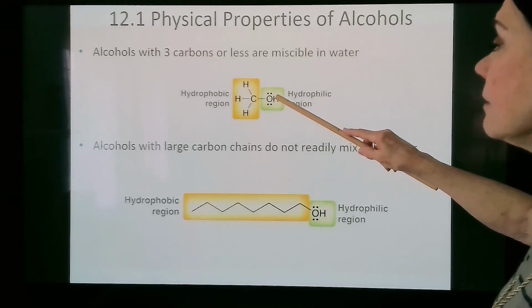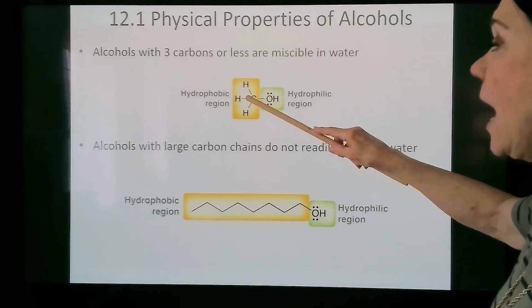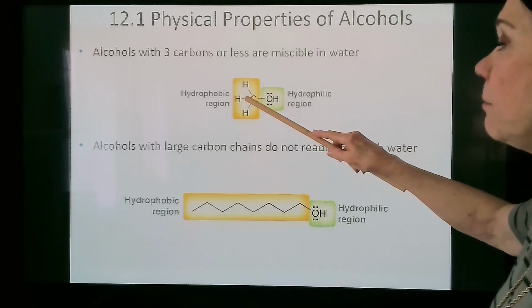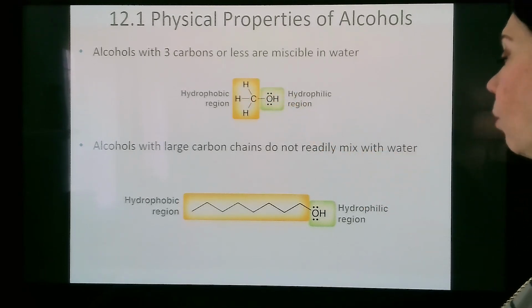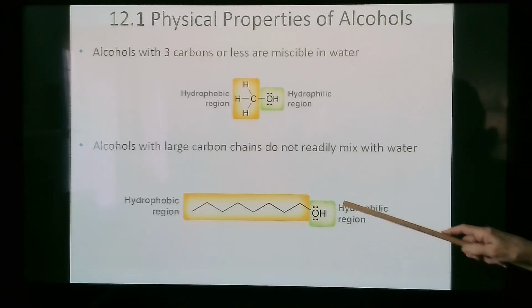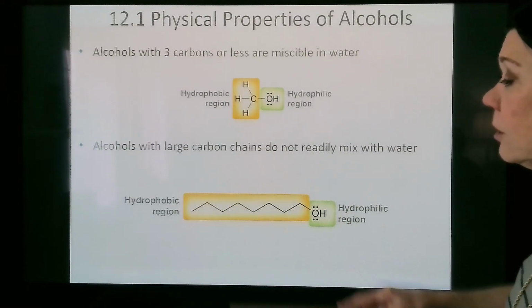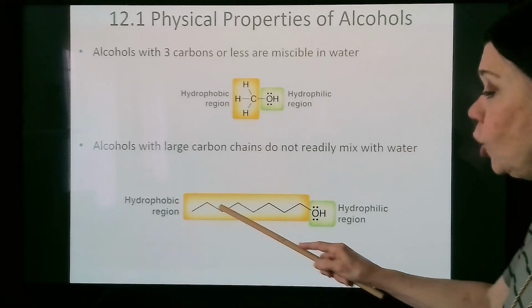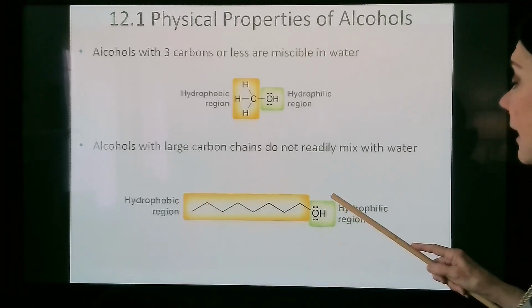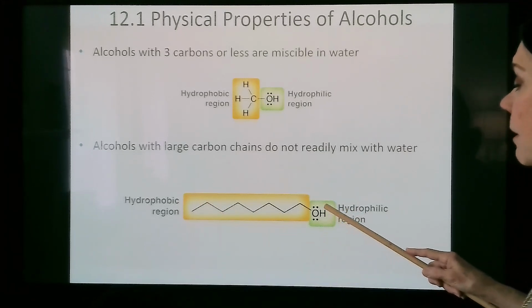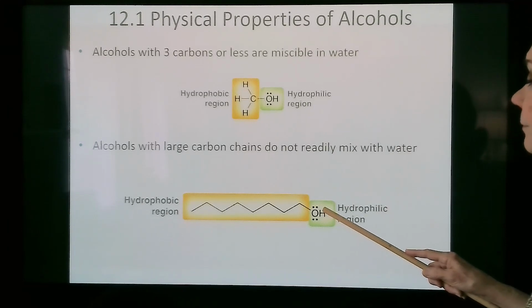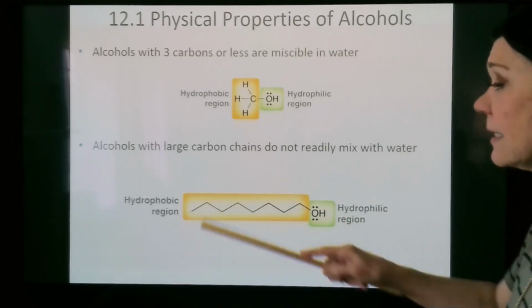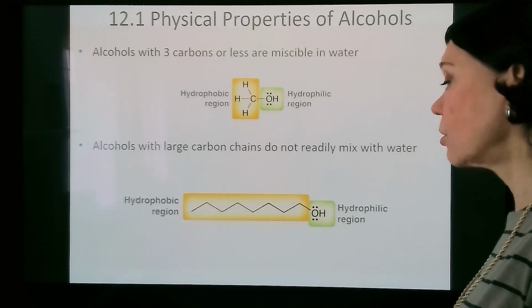When this comes in contact with water, it literally drags the hydrophobic region of the molecule into the water. But here, if that chain is so much longer, it becomes more and more difficult for the hydroxyl group to drag it into water.